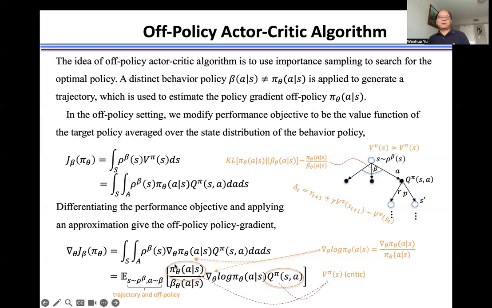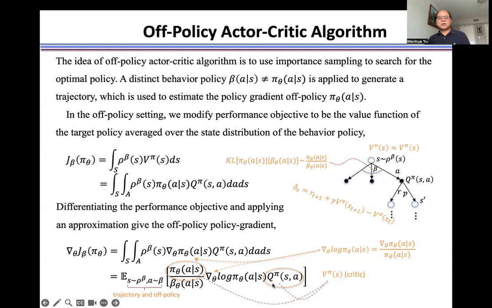However, pi times Q is V, and this value function is known. We use this V as the critic to evaluate the policy pi. That's why we change from Q to V as a critic to evaluate the policy.